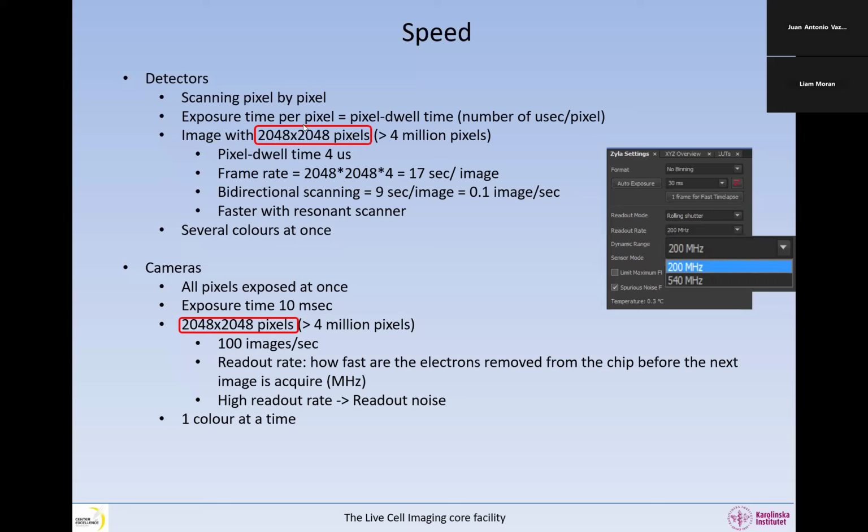As you can see here, we have the same number of pixels on the two systems, but here we have 0.1 image per second, and here we have 100 images per second with the same number of pixels. So clearly a camera-based system is very fast.